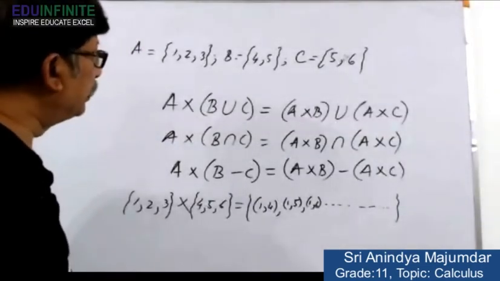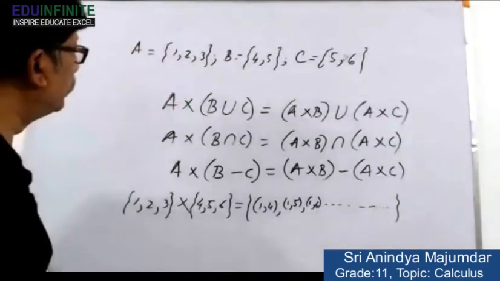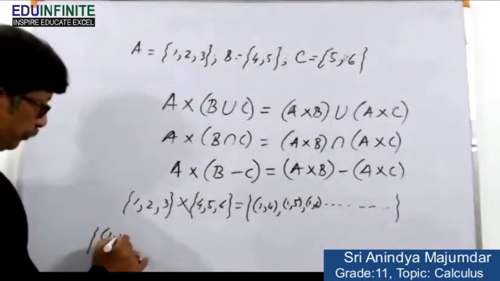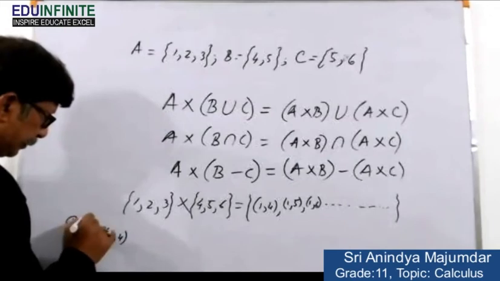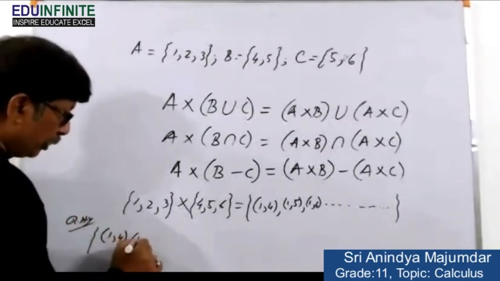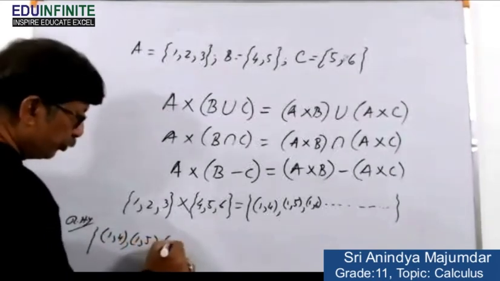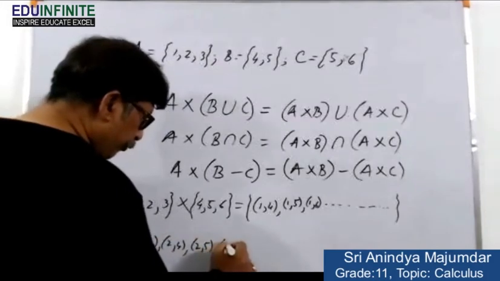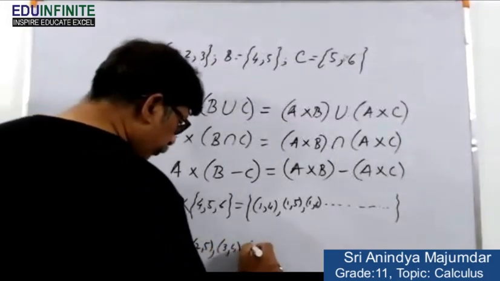A cross B. This is the right-hand side: 1, 4, 1, 5, 2, 4, 2, 5, 3, 4, 3, 5.